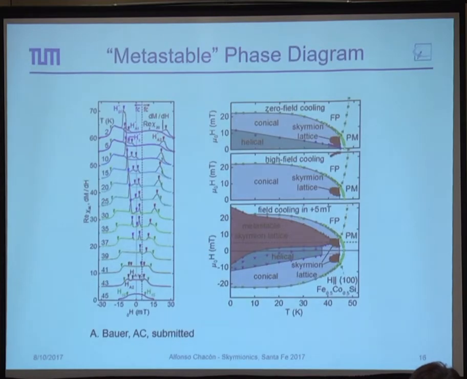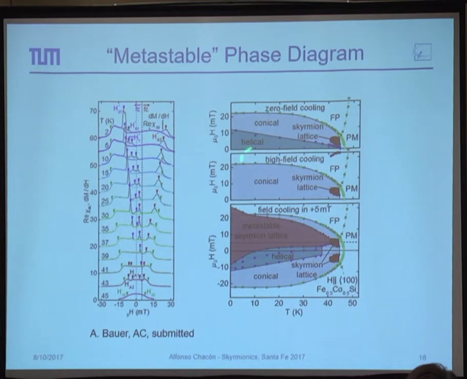procedures. So we go ahead and just take this type of measurements of the susceptibility and the derivative of magnetization at different temperatures, and what we end up with is these three different phase diagrams depending on the history of the sample. If you come from zero field, as in the typical phase diagram you observe everywhere, you have a quite high HC1, the HC2 transition to the ferromagnetic phase, and the skyrmion lattice just below Tc.